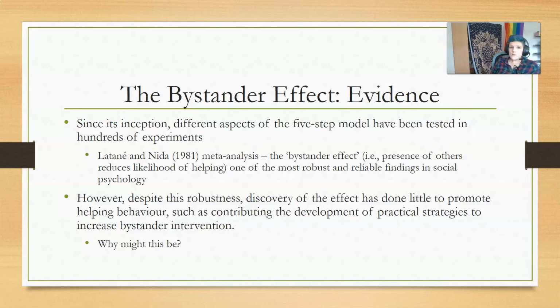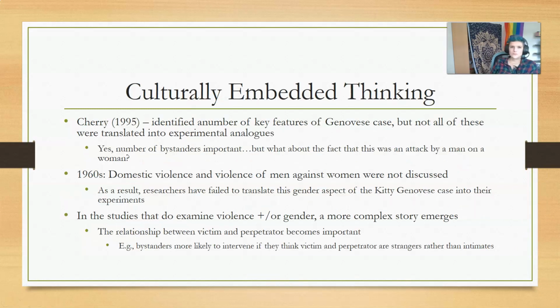So, how might this have influenced the Kitty Genovese case? How might the bystander effect have influenced the outcome of the lack of help that we saw in the Kitty Genovese murder? Well, Cherry in 1995 identified a number of key features of the Genovese case, but not all of these were translated into experimental analogues.